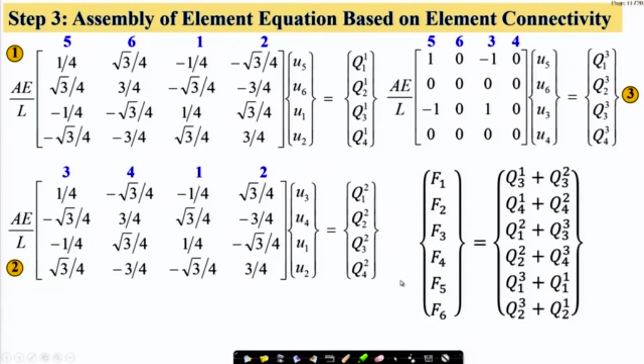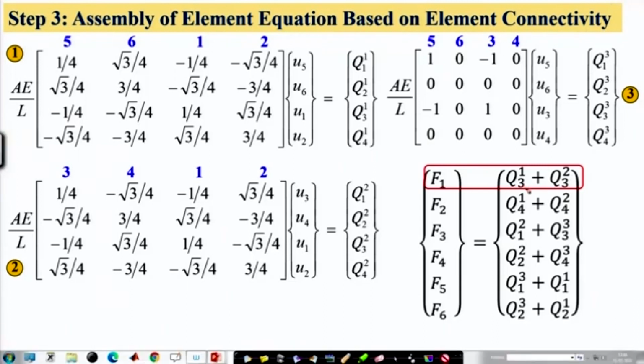Let us see the first equilibrium condition. The first equilibrium condition is this. It says that this Q31 we have here, and then plus Q32, this should be equal to F1, right? Now, just now we mentioned that Q33 is what?